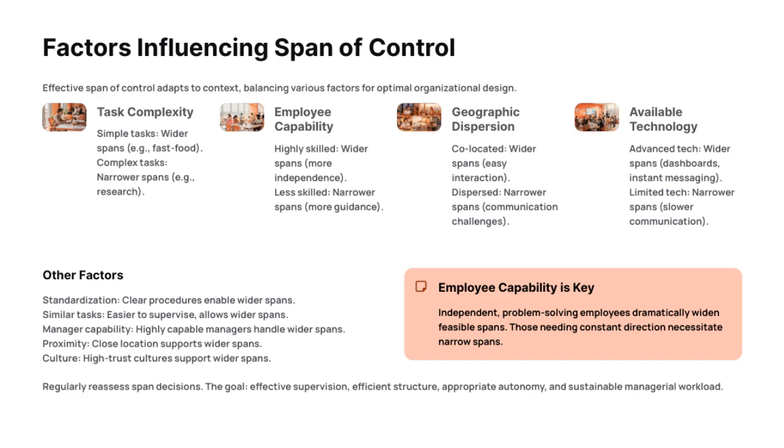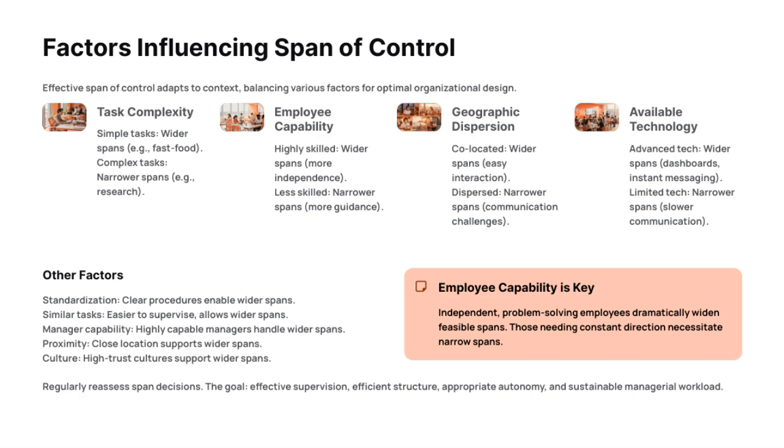Highly capable managers can oversee more employees effectively. Proximity matters as well. Being located close to team members generally supports wider spans, as communication and supervision are easier. And let's not forget about culture. High-trust cultures tend to support wider spans because managers and employees operate with more independence and confidence.